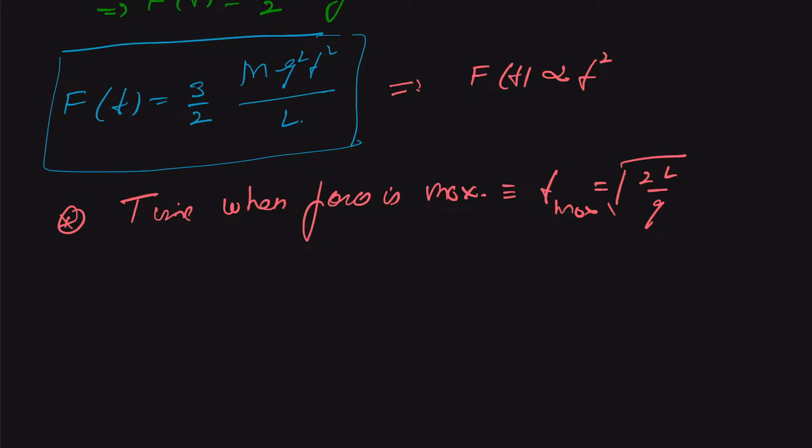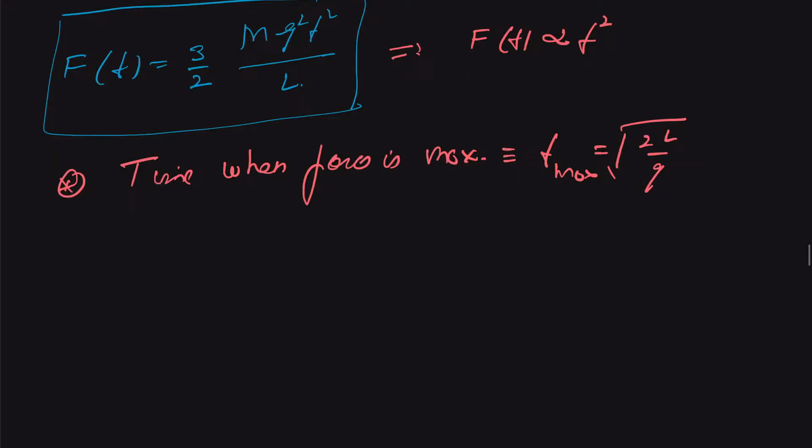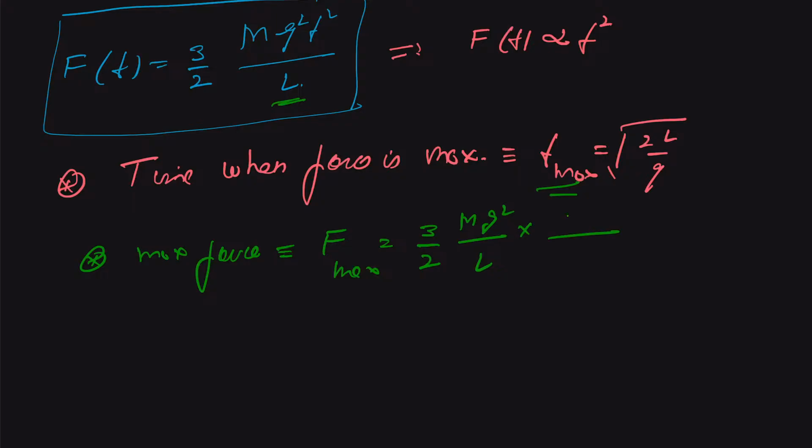And we can find out our maximum force, which is suppose our F max. We simply substitute the value of T in the equation. So we get this as 3/2 m g square over L times 2L upon g.